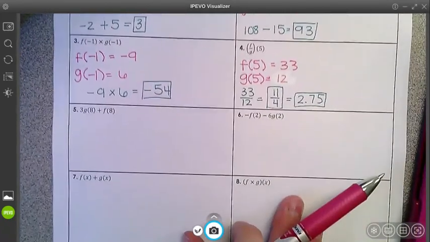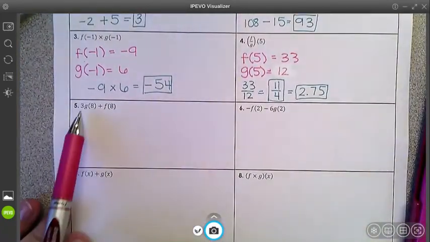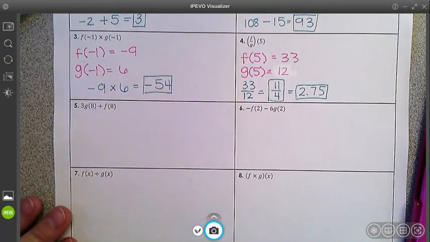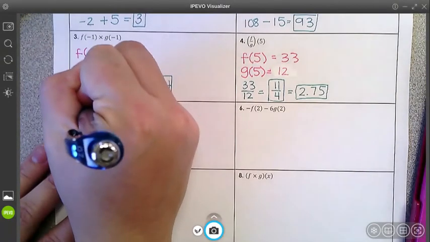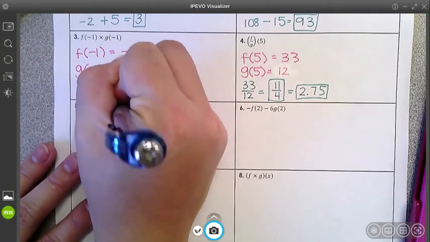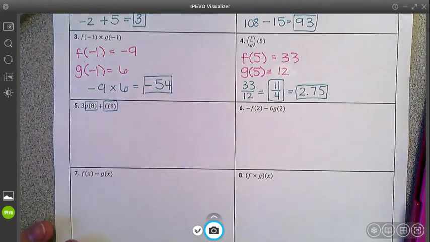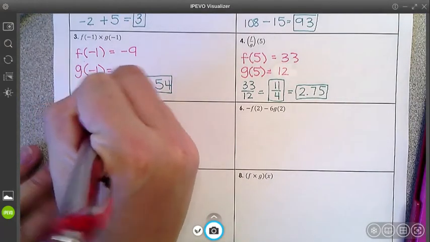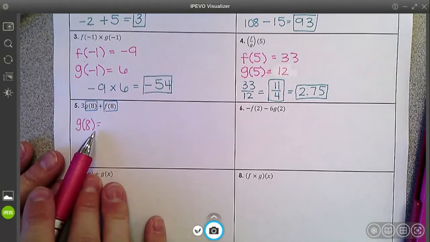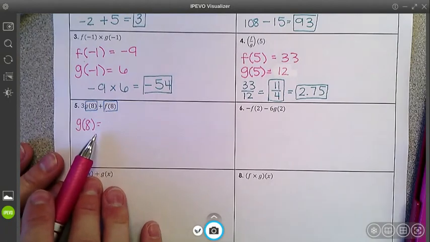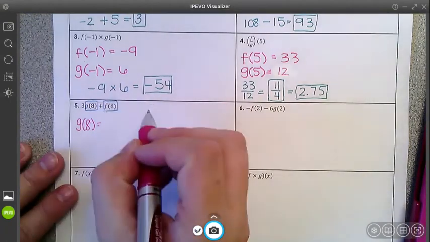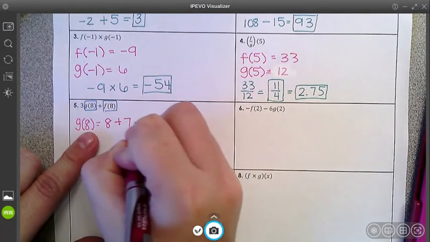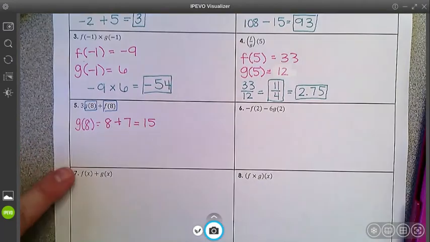All right, number 5 is a little different because there's some extra parts to that. But we're going to start out by just finding g of 8 and f of 8 first. So g of 8, we've actually already found that, and that was 15. But let's write it out. 8 plus 7, 15.